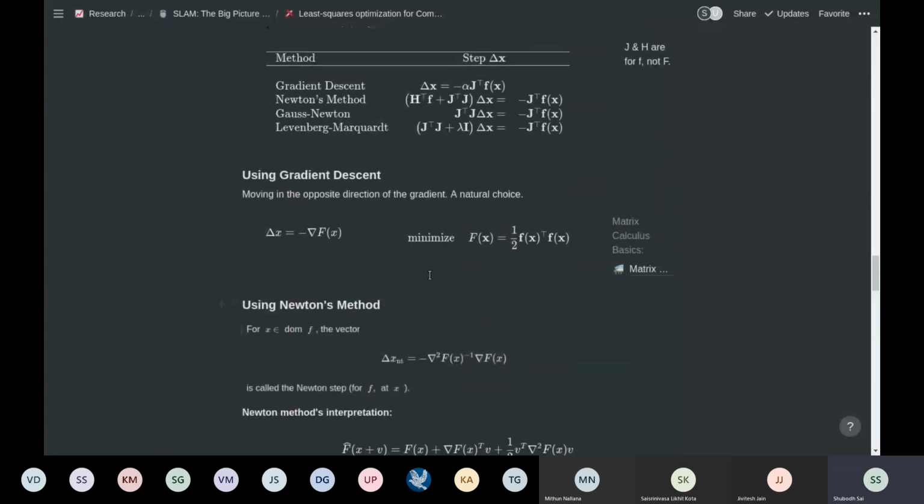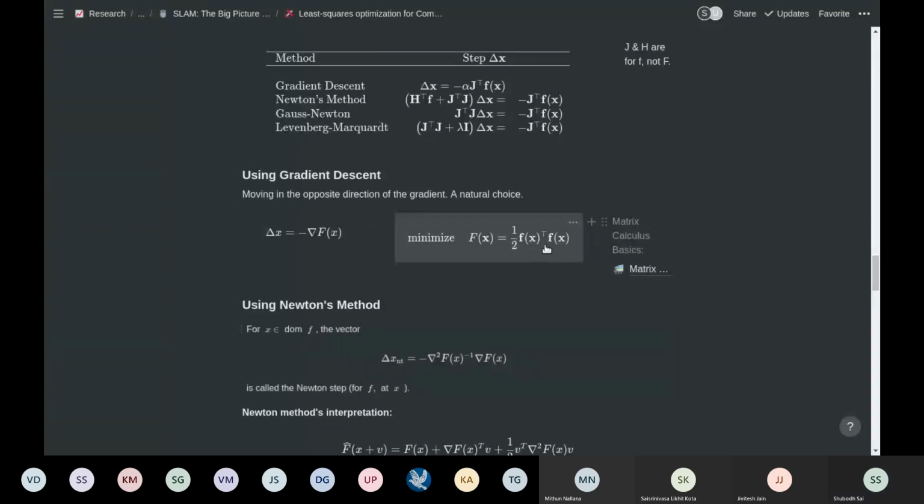Okay, so to look at that, we can take a quick look at gradient descent. Over here, we understood that delta x is simply negative of the gradient of capital F, but the gradient of this capital F is nothing but u into v, u dash into v plus v dash into u. What is u dash?